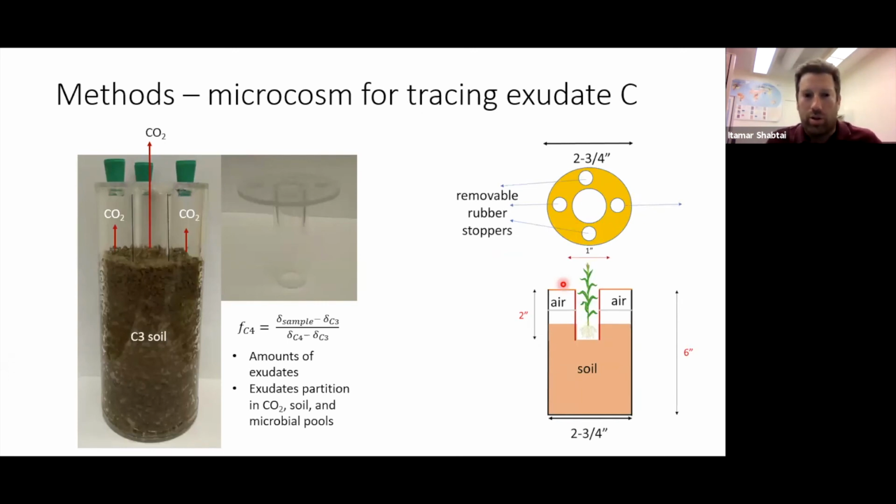So to try to understand this role of roots and root exudates in carbon cycling, we've thought of several methods and some experimental setups. The first is this microcosm, which we have designed, in which the CO2 respired from the soil is trapped within this headspace, and that headspace is isolated from the rest of the atmosphere so that we can measure the soil CO2 respiration without it being mixed with the outer atmosphere.